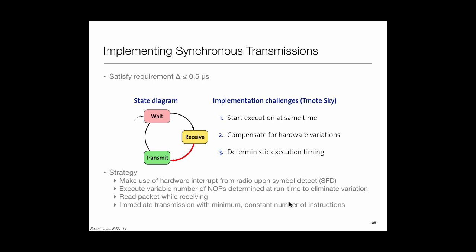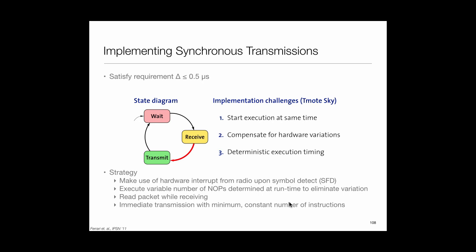For example, the radio offers a particular pin. That particular TI radio has a pin which asserts a signal corresponding to a symbol being detected by the radio hardware at the lowest level. They also execute a variable number of no-ops at runtime to determine the variation.